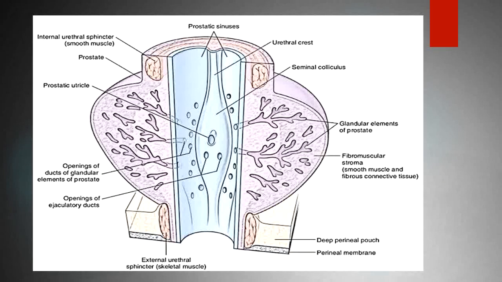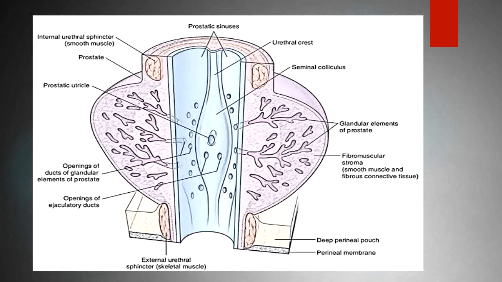So in this diagram you can clearly see that along the posterior wall of the prostatic urethra throughout its whole extent there is a midline ridge which is known as urethral crest, and on each side of this crest there are hollow depressions. These depressions are known as prostatic sinuses where the prostatic ducts open.